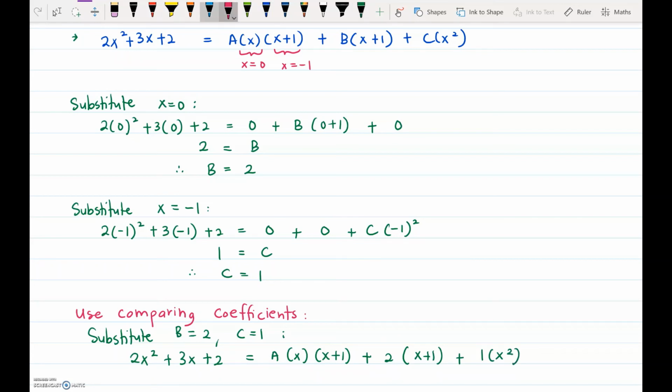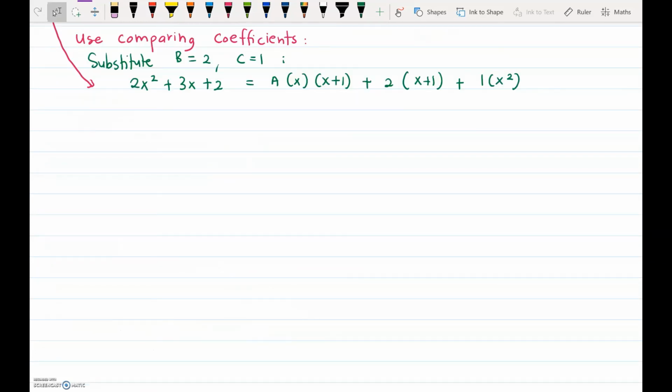Okay, so this is the function that you have after you have substituted your b and c.